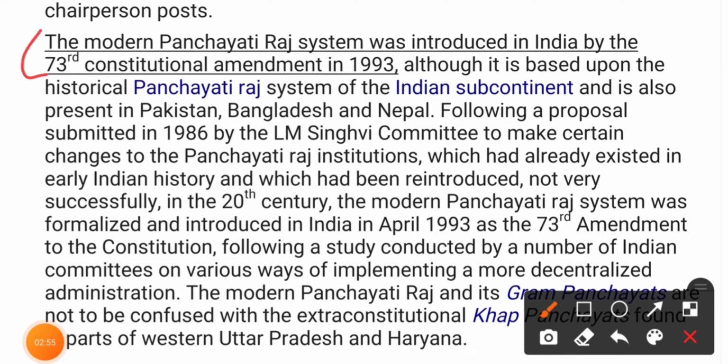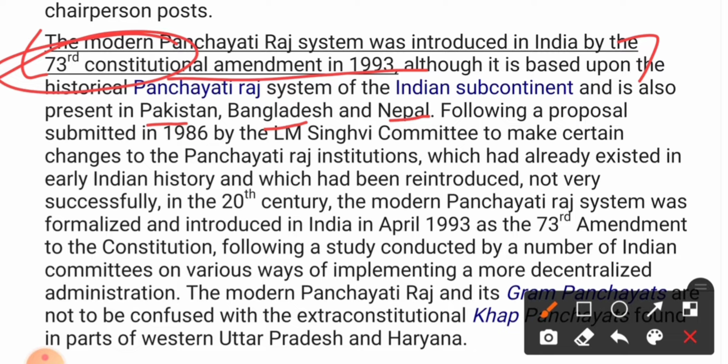Further, it says, and this is important here, the modern Panchayati Raj system was introduced in India by the 73rd Constitution Amendment in 1993. Okay, you need to remember when the modern Panchayati Raj system was introduced in India. That is the 73rd Constitution Amendment in 1993. Although it is based upon the historical Panchayati Raj system of the Indian subcontinent, it is also present in Pakistan, Bangladesh and Nepal. In these neighboring countries also you will find the Panchayati Raj system.